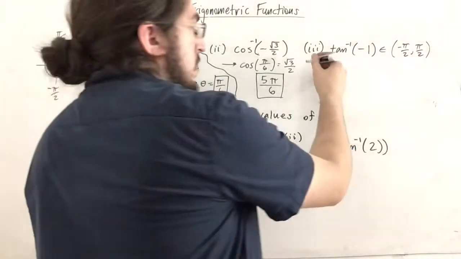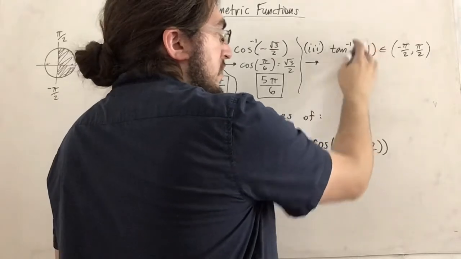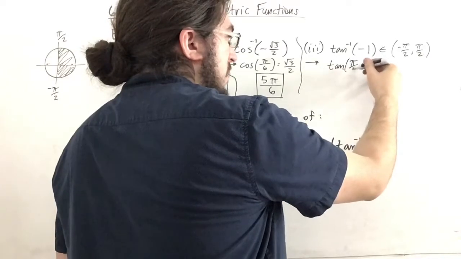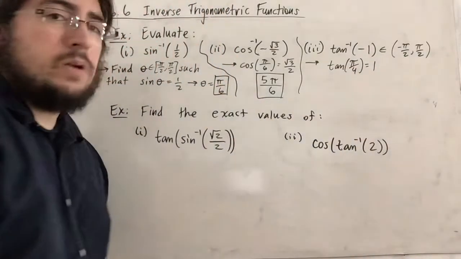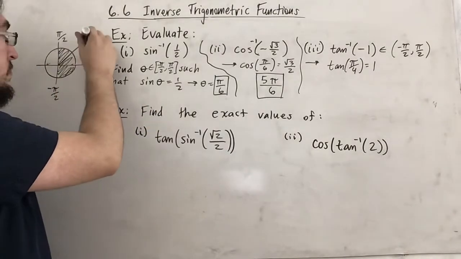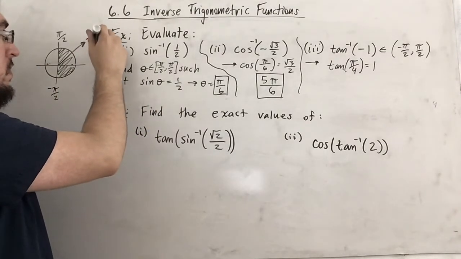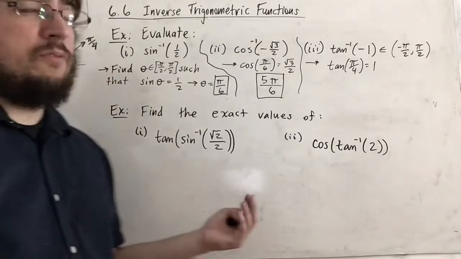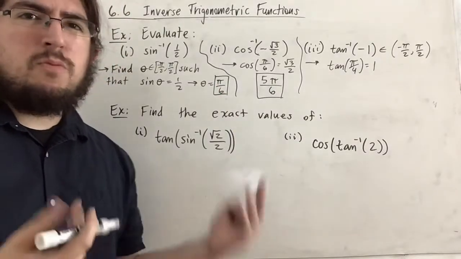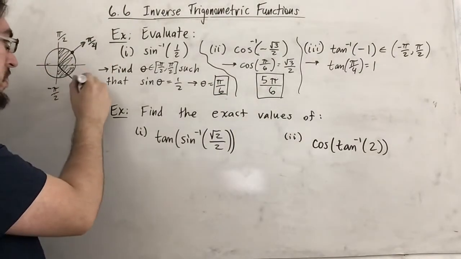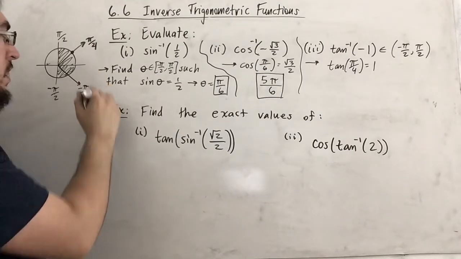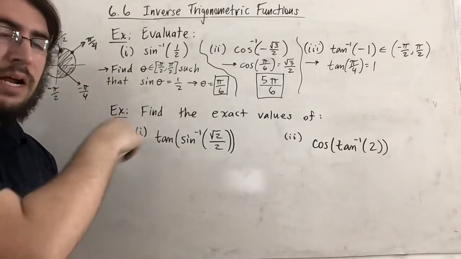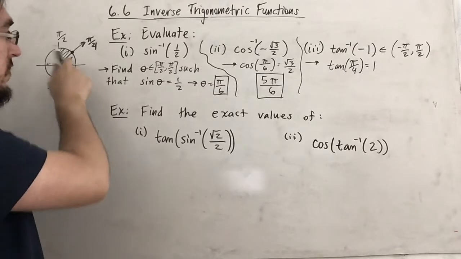Now also notice, something that comes to mind here is if you think of 1, I know that tangent of pi over 4 is equal to 1. If you look at this unit circle, where this angle is pi over 4, tangent of pi over 4 is 1. So it's going to be something over 4 because of the reference angle idea. And furthermore, it actually has no choice but to be this angle, which is negative pi over 4. Yes, normally we don't view it like this because we're used to doing it the normal way, where the angle increases from 0 to 2 pi.